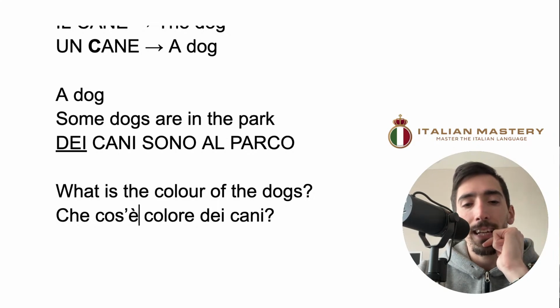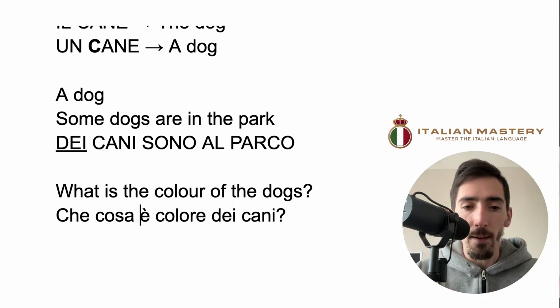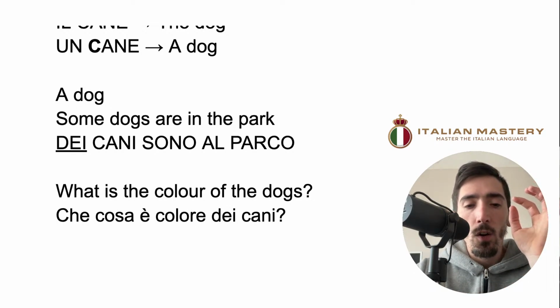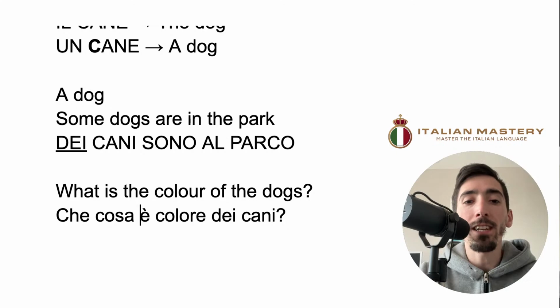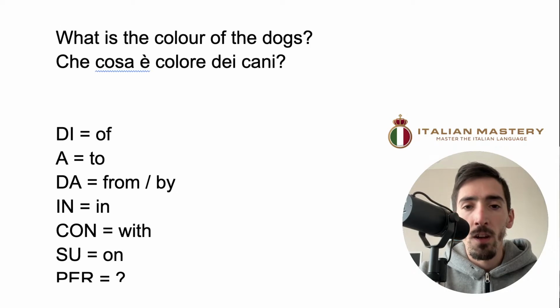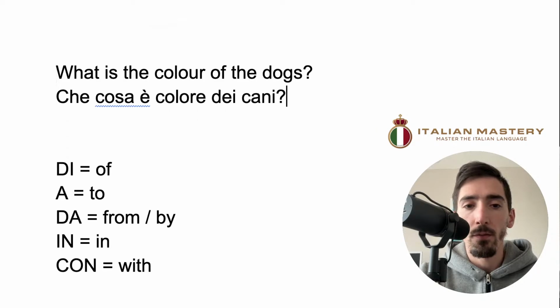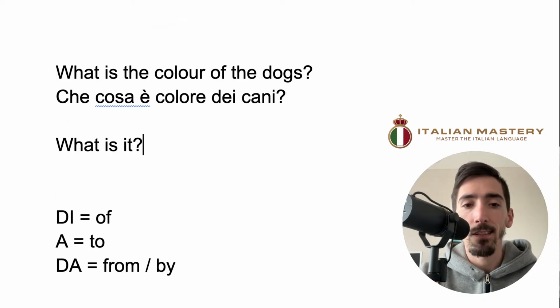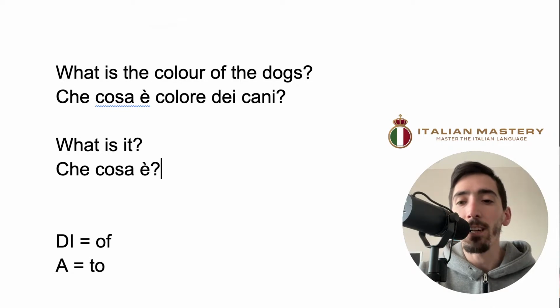So che cos'è? This is the shortened version of che cosa è, right? Che cosa è. So what is it? We can translate what is it with che cosa è or che cos'è.